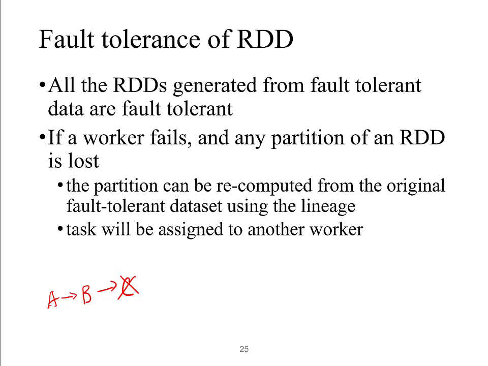So this is the lineage of C. So the node can redo the procedure here and recover C. So there will be no data loss. As we have explained here, the partition can be recomputed from the original fault-tolerant dataset using the lineage, and the task will be assigned to another worker.